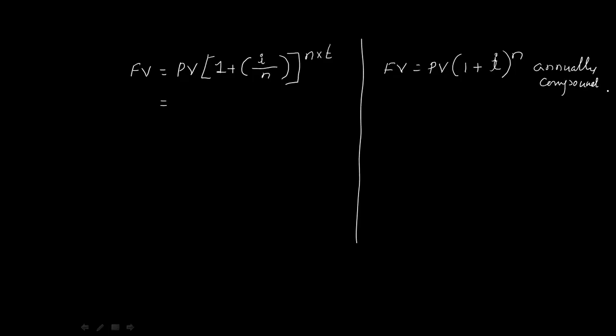But here, this part, 1 plus, is changed. How have we written here? 1 plus I divided by n. This n represents the number of compounding periods. In the annual equation, n represents the number of years. In this equation we have taken t for number of years, n for number of compounding periods.